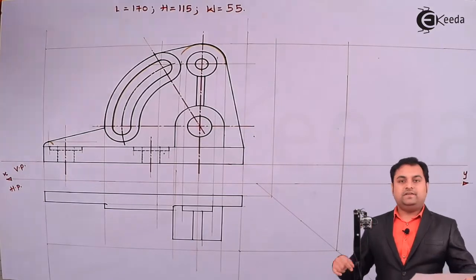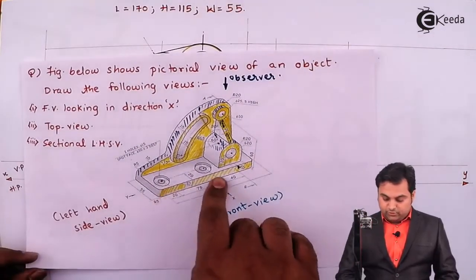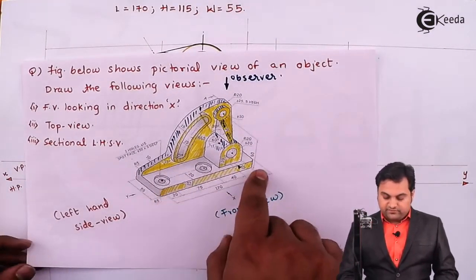Next, when I see from top, there are two corners having radius 5 mm.